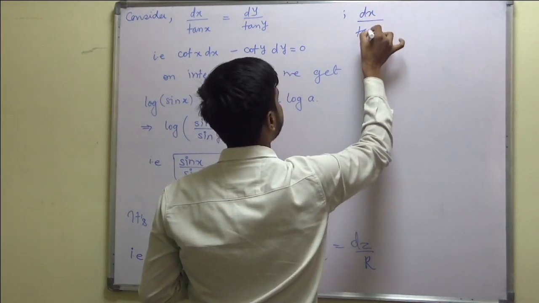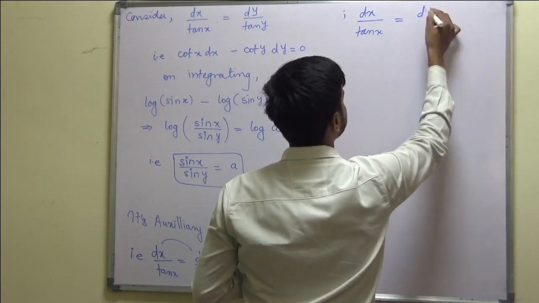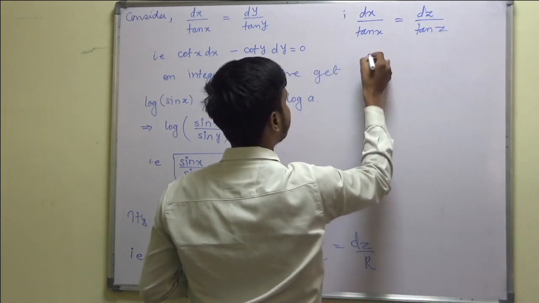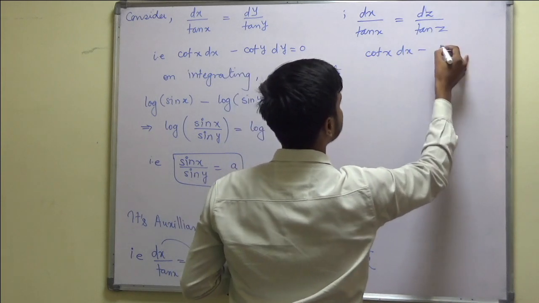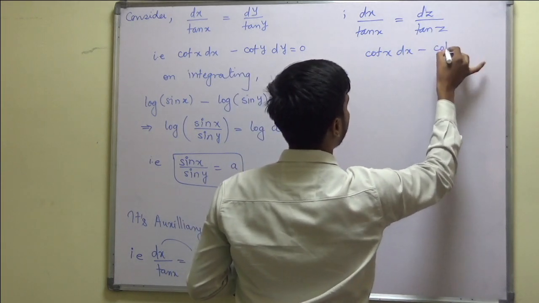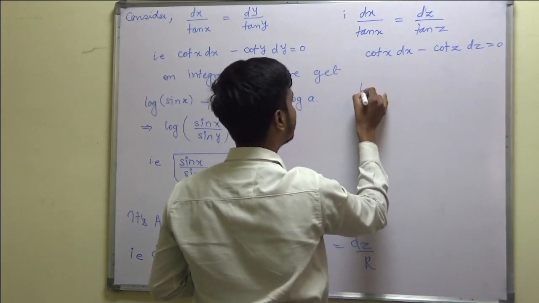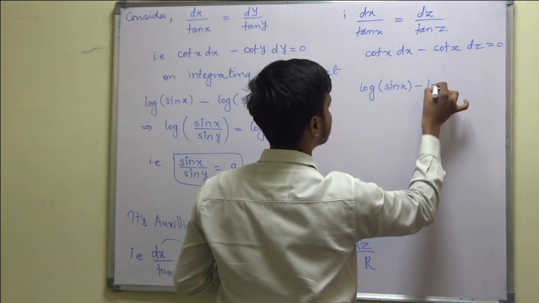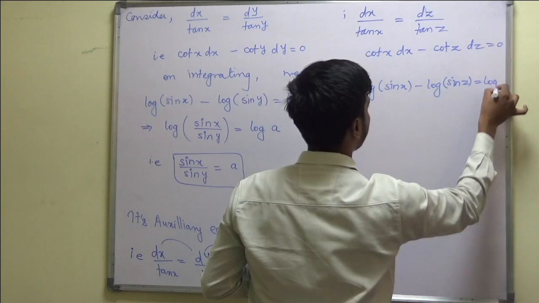dx upon 10x is equal to dz upon 10z. So we have this, then separate. So this is cot x dx minus cot z dz is equal to 0. On integrating, we will be getting log of sin x minus log of sin z is equal to log b.